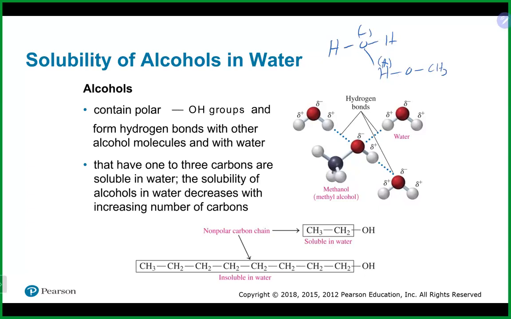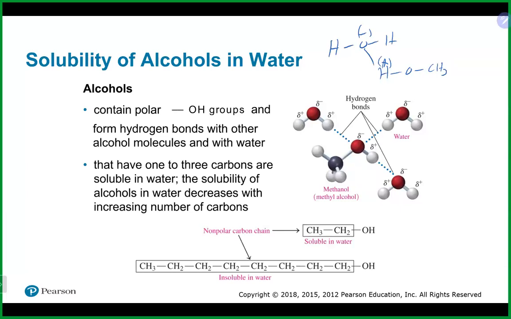Those that have 1 to 3 carbons are very soluble in water. But as I mentioned before, as you increase the carbon part of those alcohols and it gets larger and larger, it gets harder and harder for water to get in there and interact with just that one little OH group. So you do see a pretty big drop in solubility as you approach about 5 or 6.